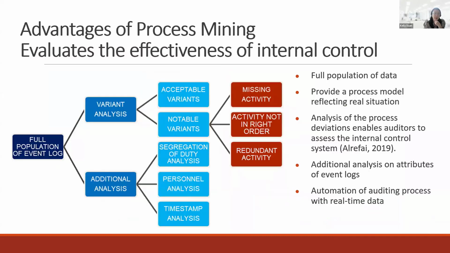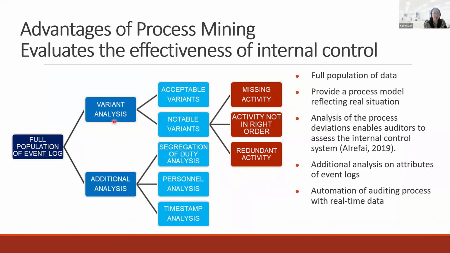So the advantage of process mining is that it allows a user to examine the full population of data. We can perform variance analysis. The variance analysis checks the sequence of the transactions, whether there are any missing activities, whether all the activities are in the right order, and whether there are any redundant activities.